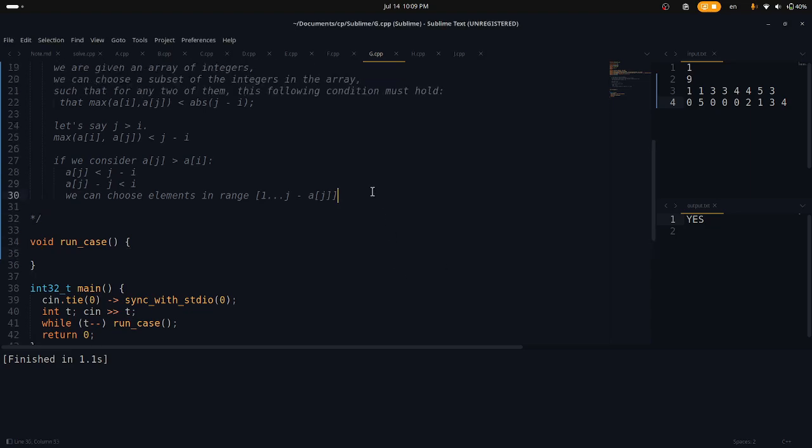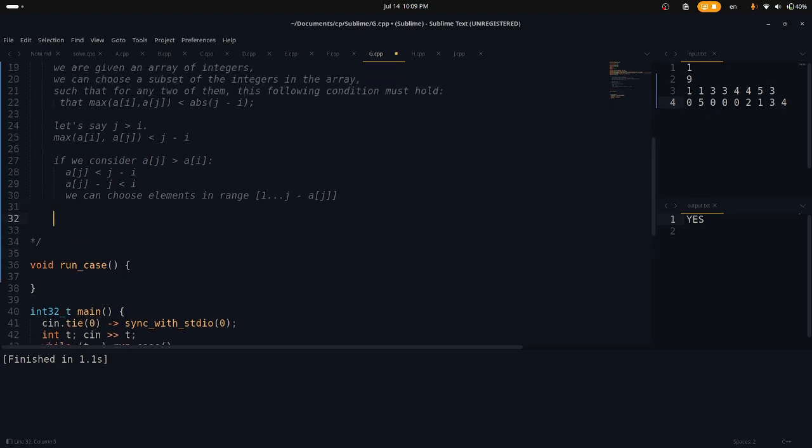Let's keep working. So we can either fix a_j to be greater than a_i. In such a case, we know which are the elements we can pair with a_j.